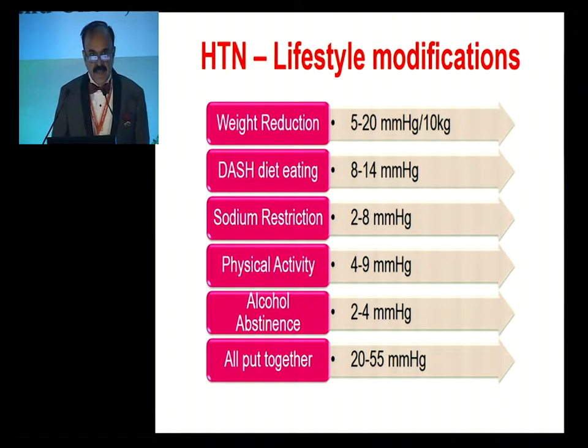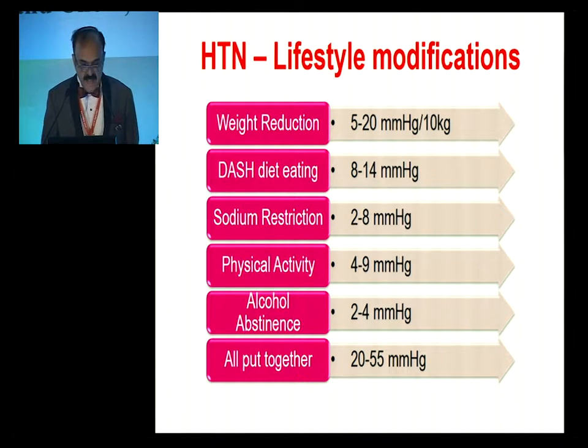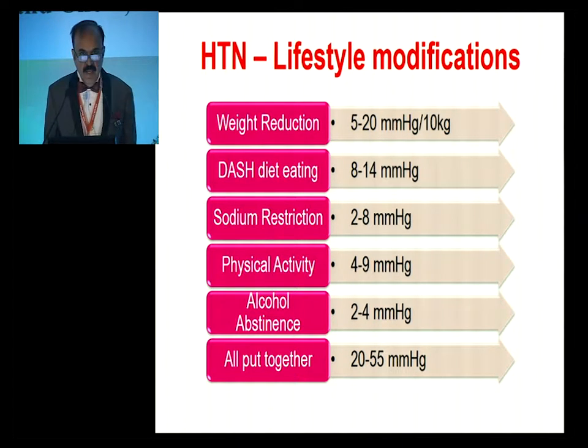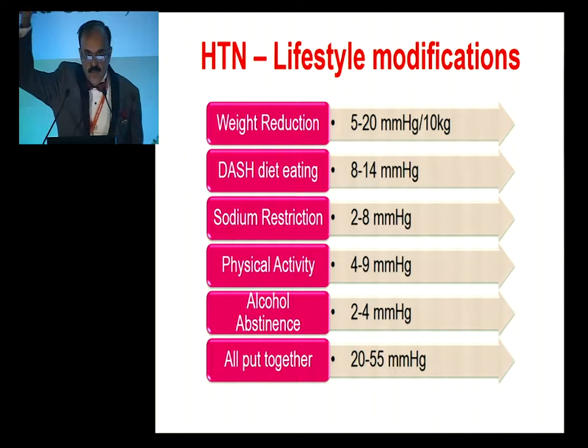DASH diet. Here I would like to emphasize, we always say the DASH diet will reduce BP by 8 to 14. One of the important things in the DASH diet is that everybody should take 4 servings of vegetables and fruits. How many of you take 4 servings of vegetables and fruits? Can you raise your hands? Hardly 3, 4.